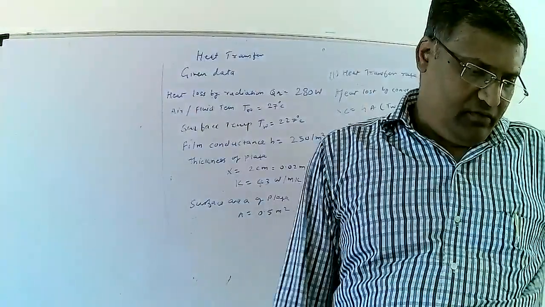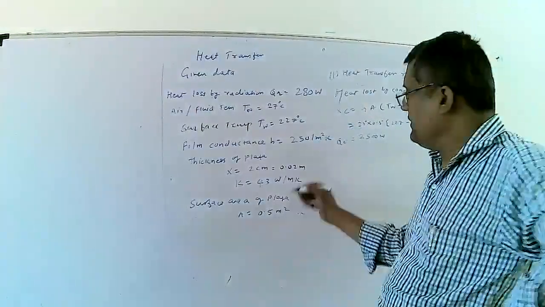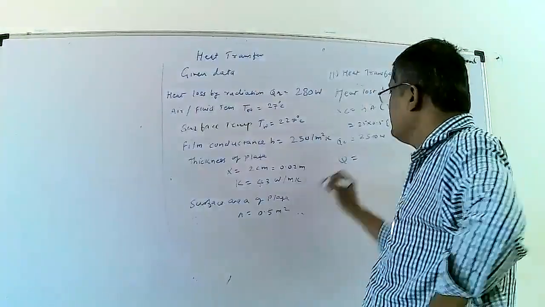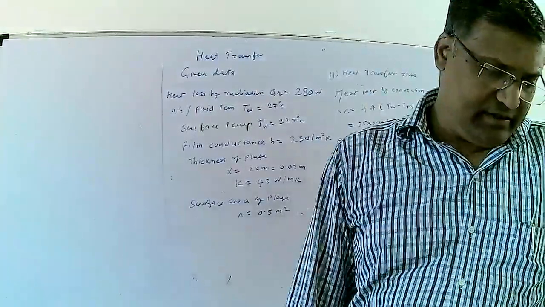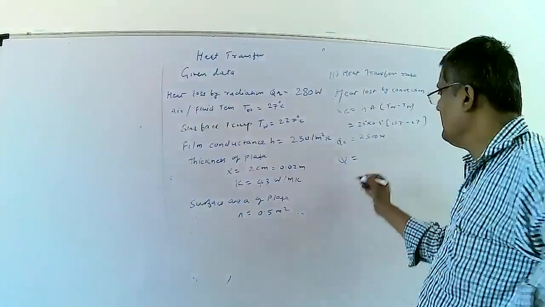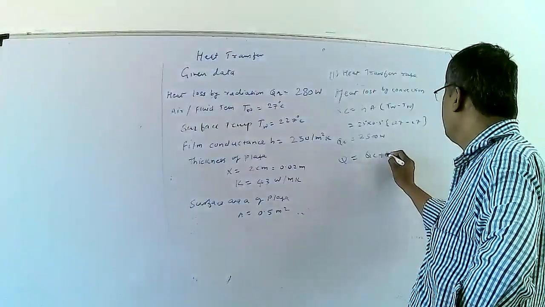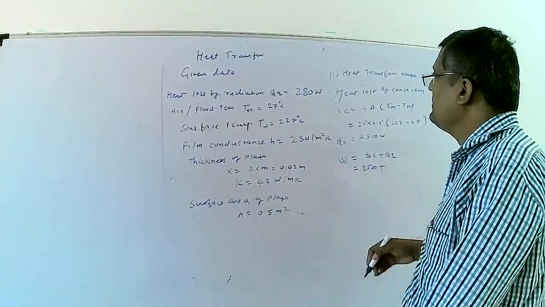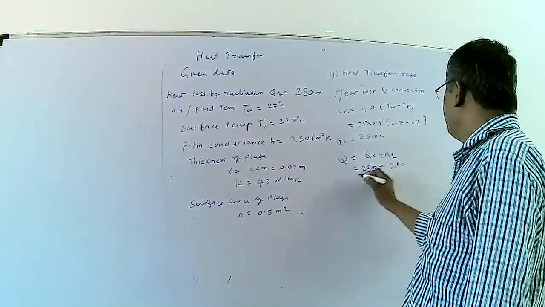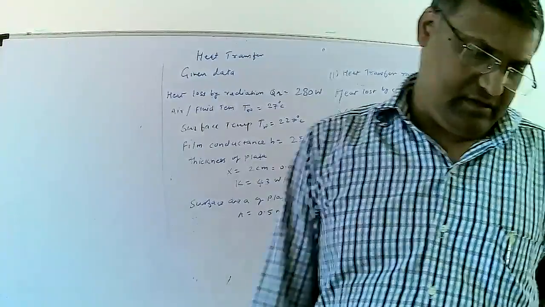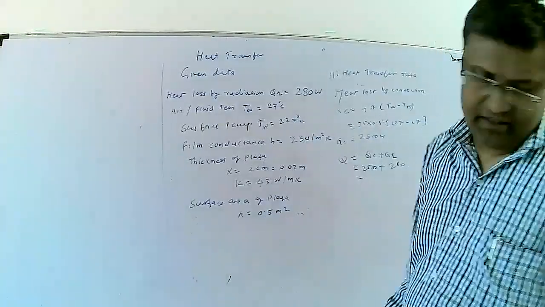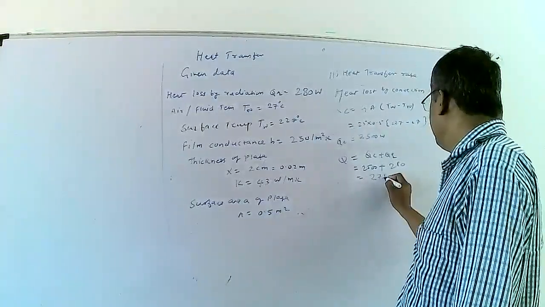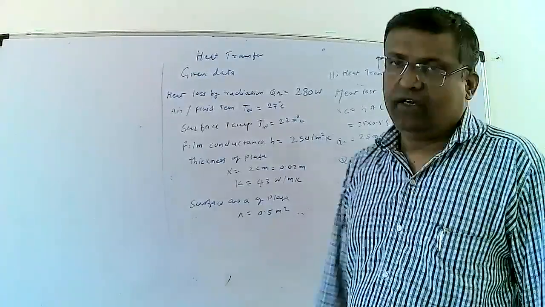Then we calculate total heat rate, heat loss by convection QC plus QR, then 2500 plus QR, which is already given, so total heat transfer rate is 2780 watt.